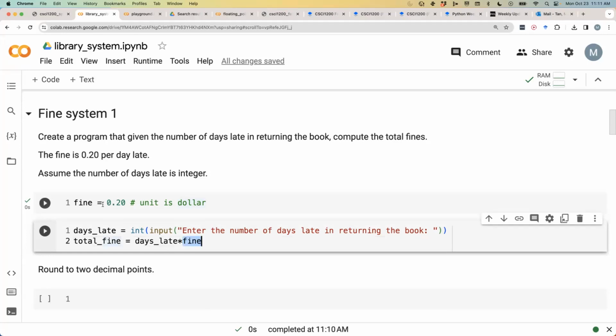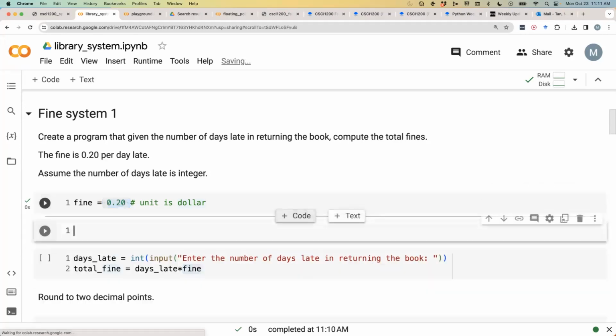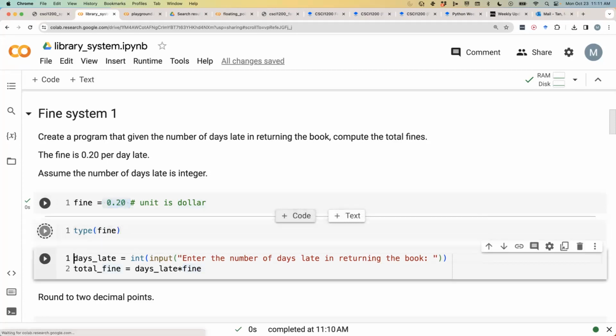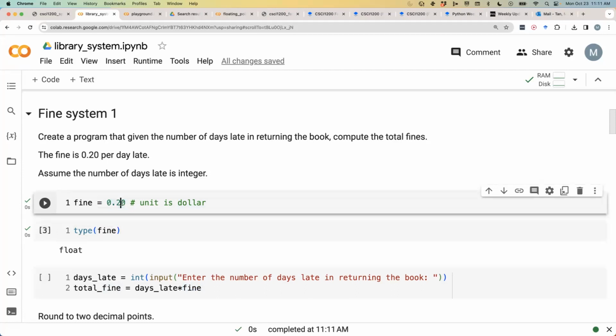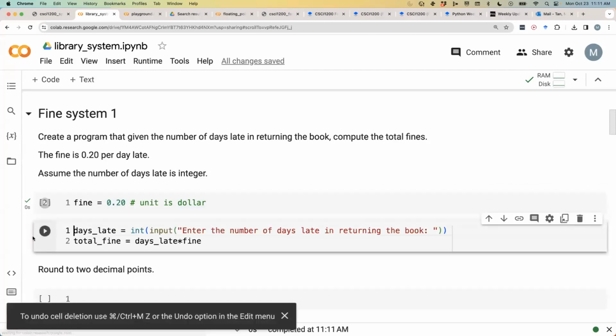Okay, so the value of fine is of type float. You can check it here: the type of fine is float, initialized from 0.2, which represents 20 cents. Right?